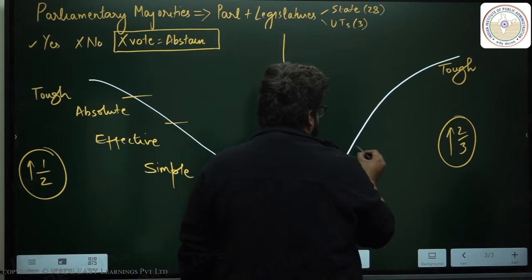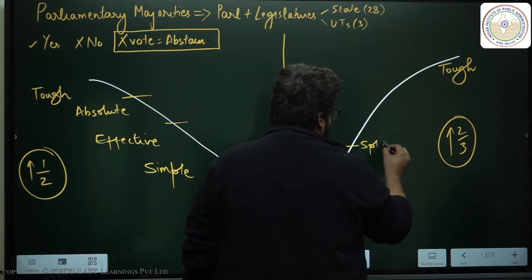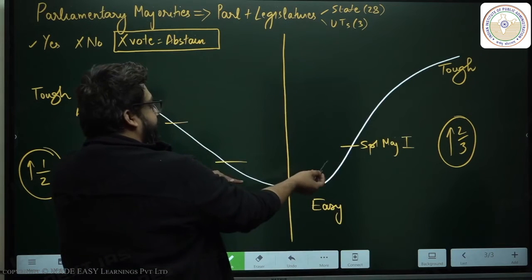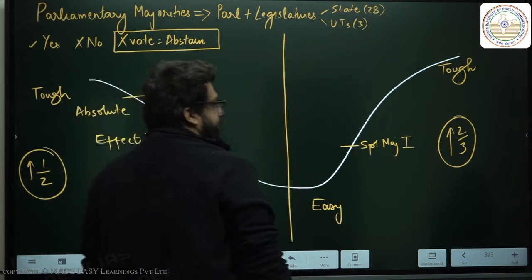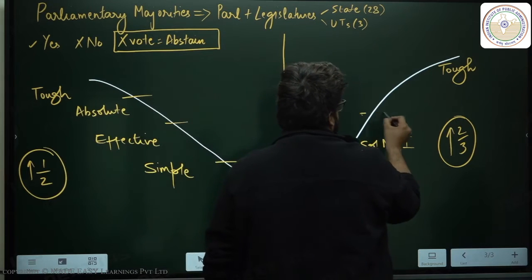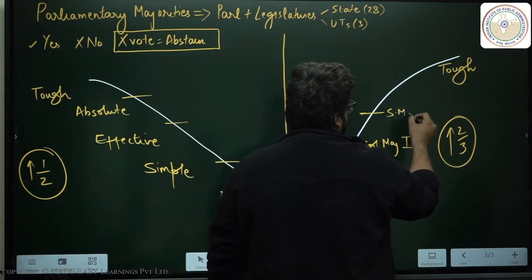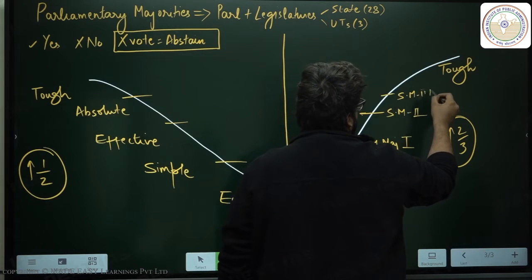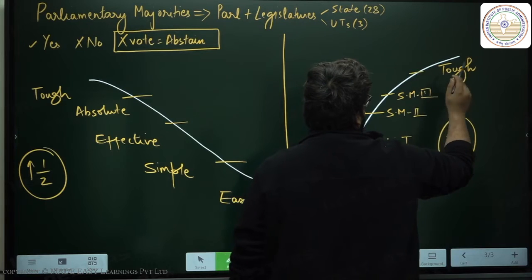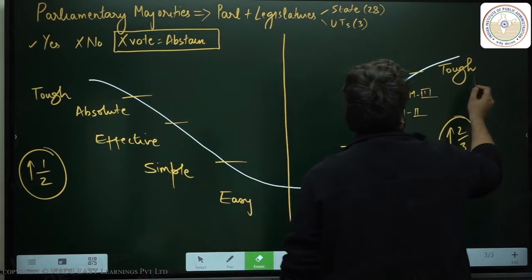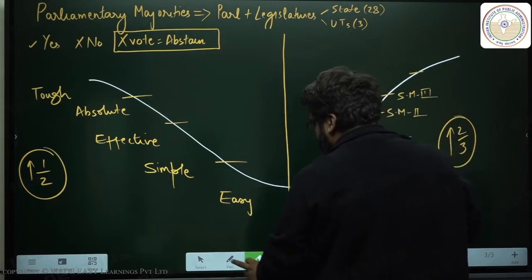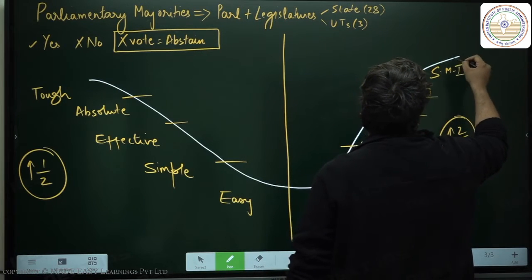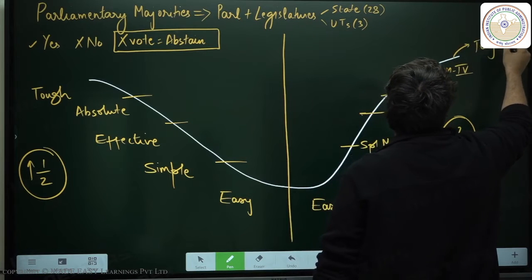You will see special majority 1, slightly tougher than simple, but still very easy. Then you will see special majority 2, special majority 3, and special majority 4, and this is how things get tougher.